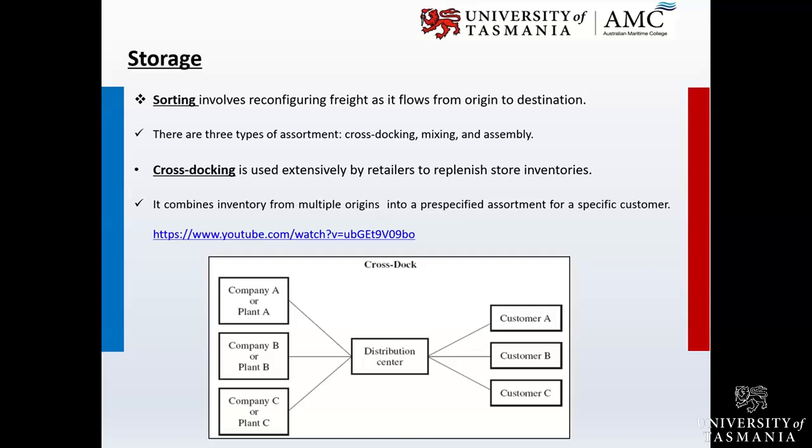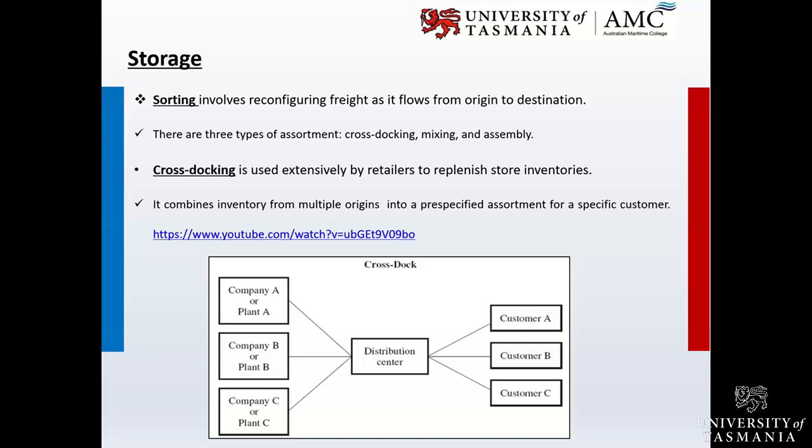Next function is sorting. Sorting means there are three types: cross-docking, mixing, and assembly. First, we look at cross-docking. Cross-docking, we look at this fig. For cross-docking, there is a distribution center.